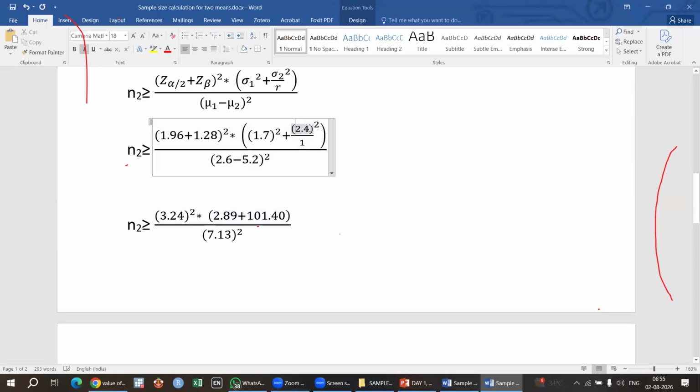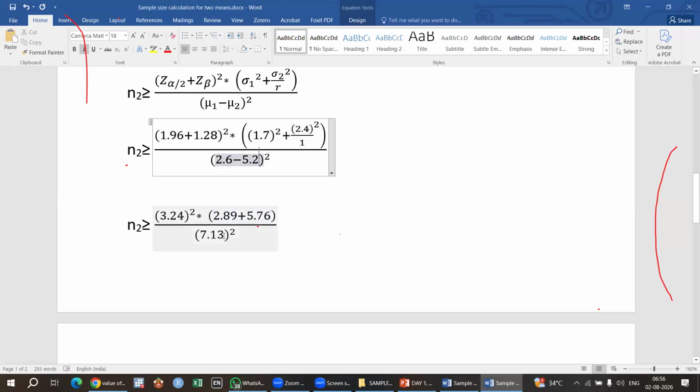So I am telling you, take the square of 2.4. Please tell me the value of this. Step by step we will do. 5.76. Okay, very good. So please fill it here. 5.76. No need to worry.